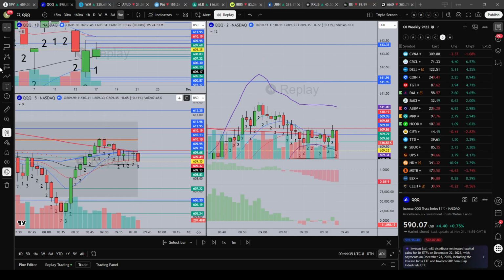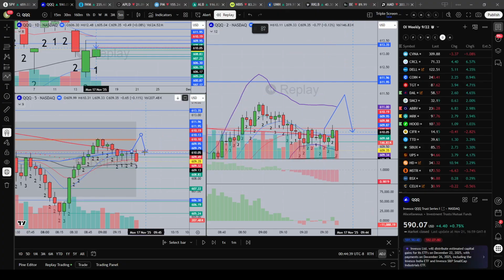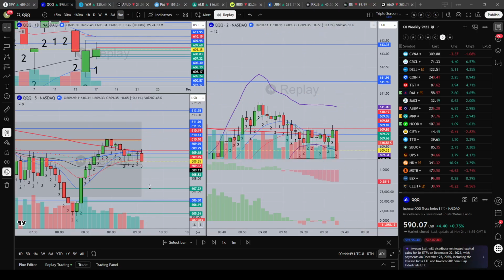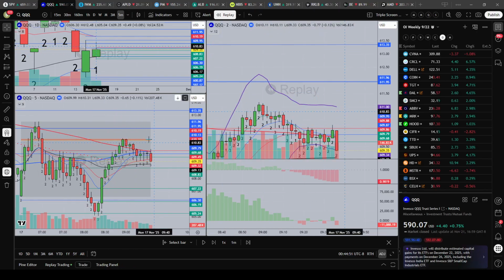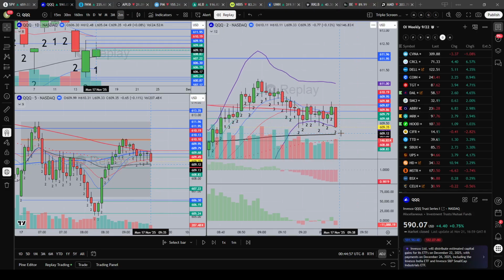This is what I'm talking about. The buyers had their opportunity to take this up, and guess what happened? The sellers stepped in and said nope. Not only did they turn it red, but they went totally against that side, right? They're going to be taking out all these people that got trapped up here and bought it up, thinking that we're going to push up here and beyond. So this is very important right here.